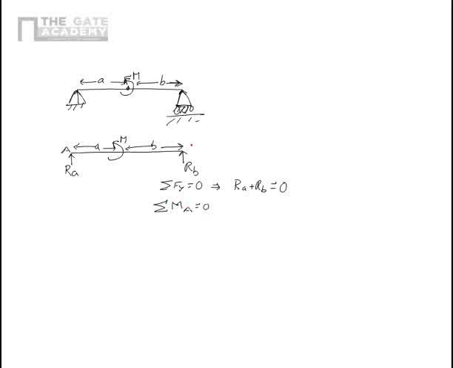This is point A and this is point B. That leads to the first moment, which is M plus RB into (A plus B) is equal to 0, which means RB is equal to minus M upon (A plus B) and RA is equal to M upon (A plus B).